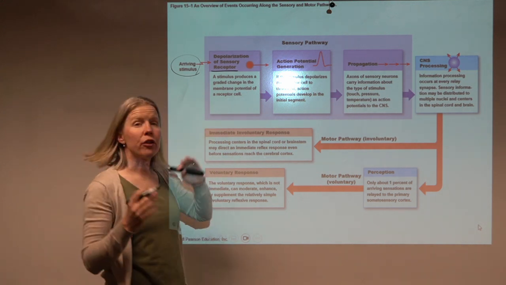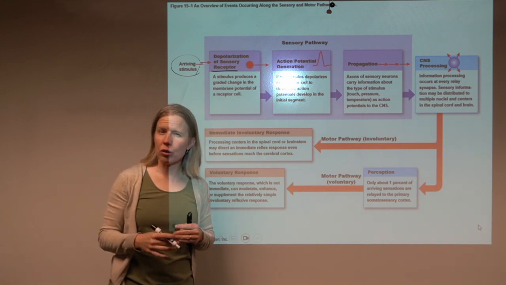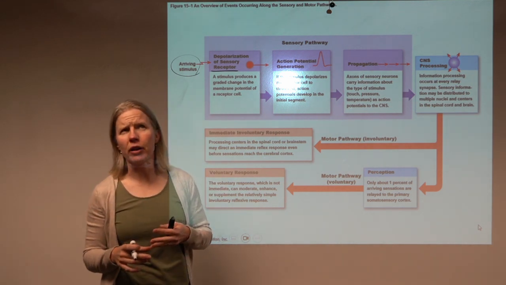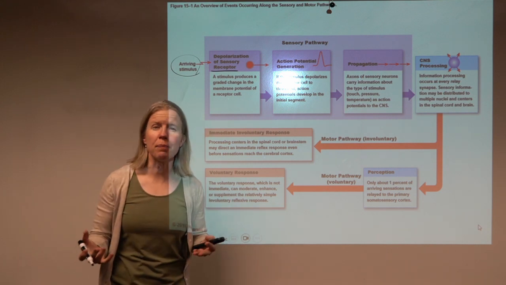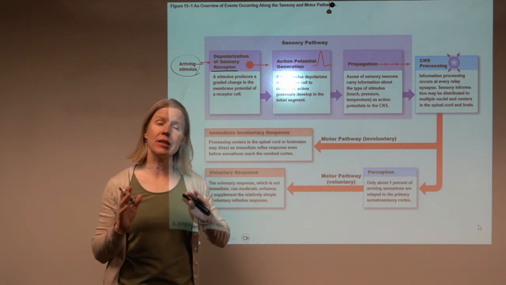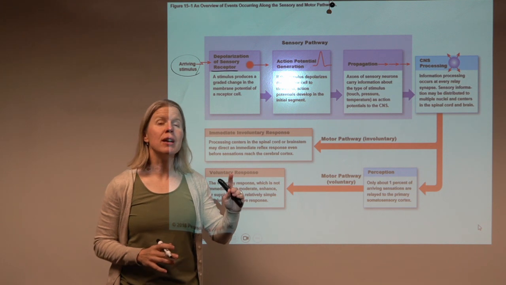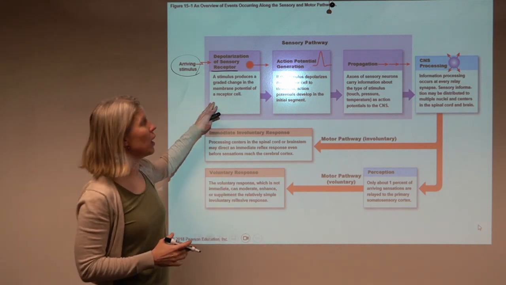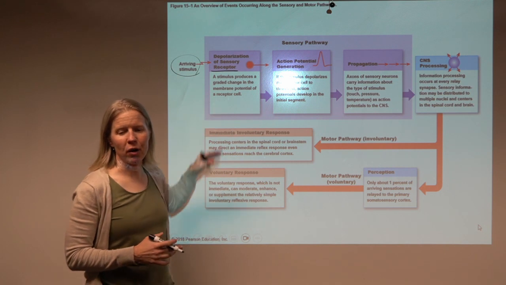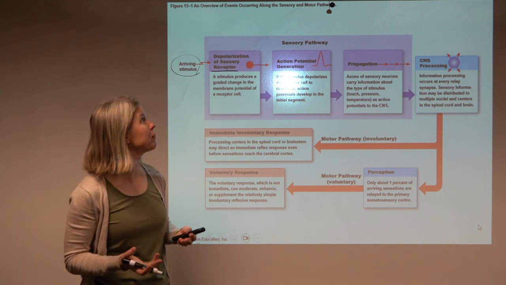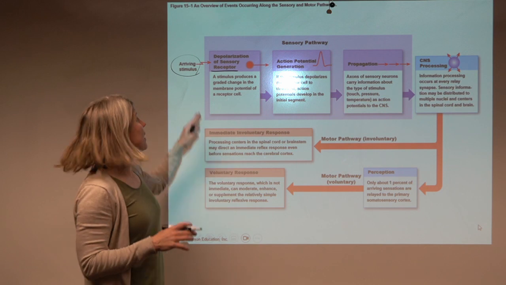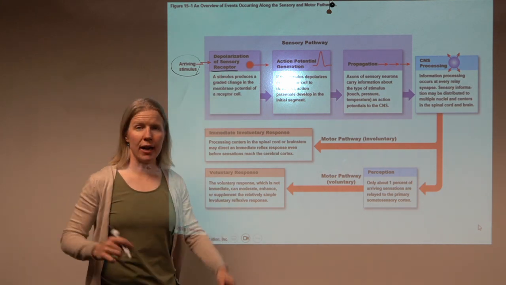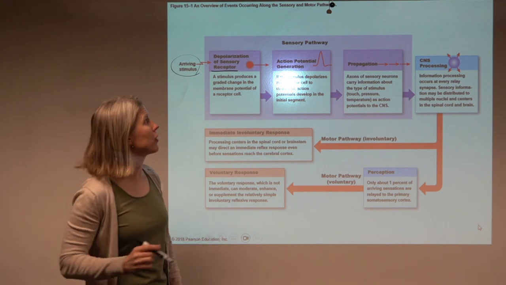Now, again, we are going to talk about the more general receptors in this chapter, so touch, pressure, vibration, proprioception, those sorts of things. We'll leave the special senses till chapter 17. In that case, we have some quite complicated receptors to pick up on that information. Okay, so we need the stimulus to actually activate or depolarize this sensory receptor.